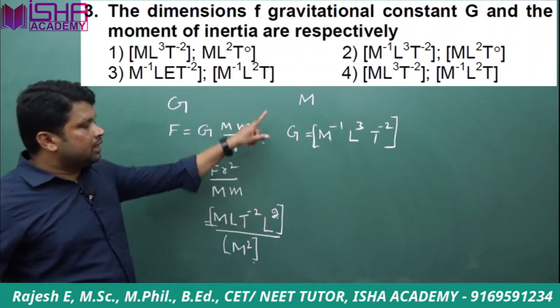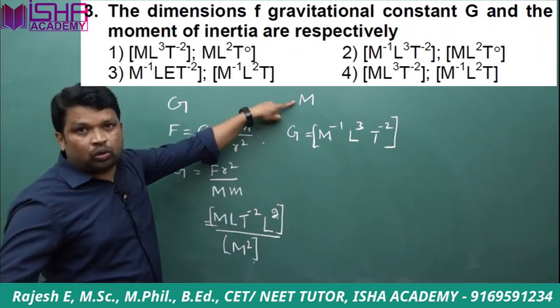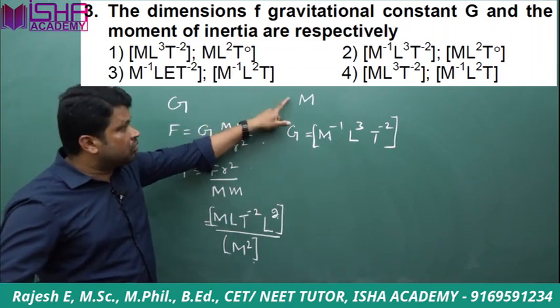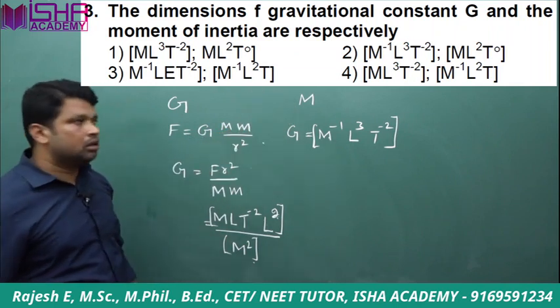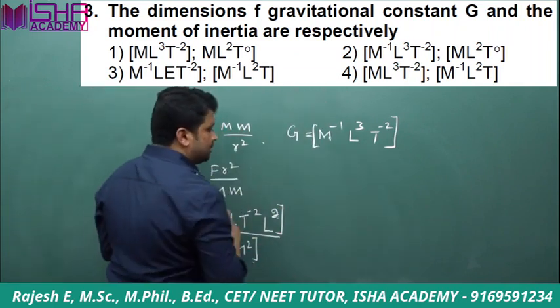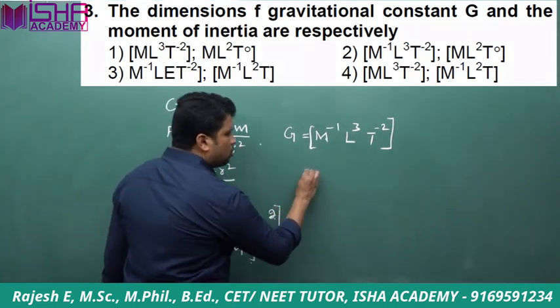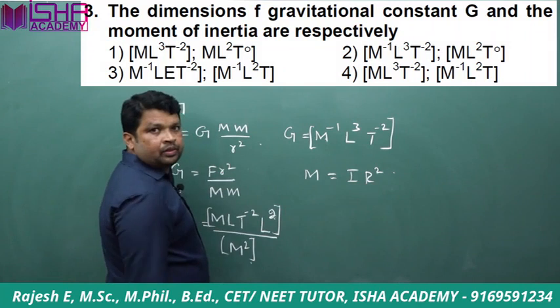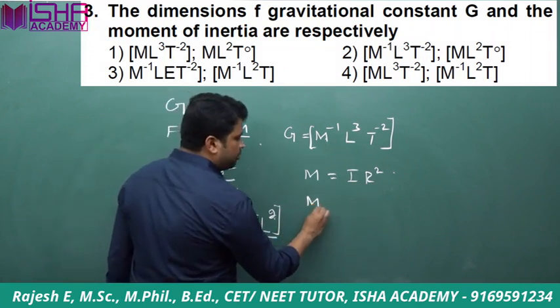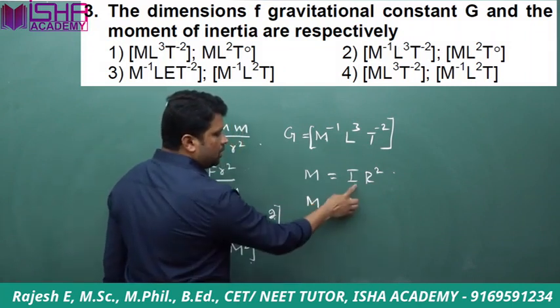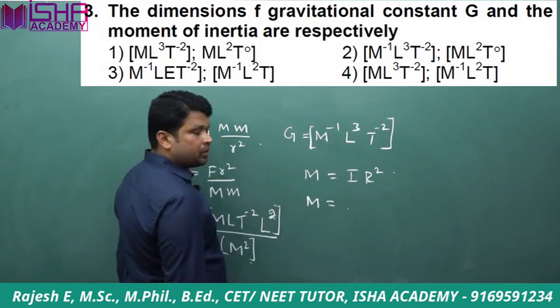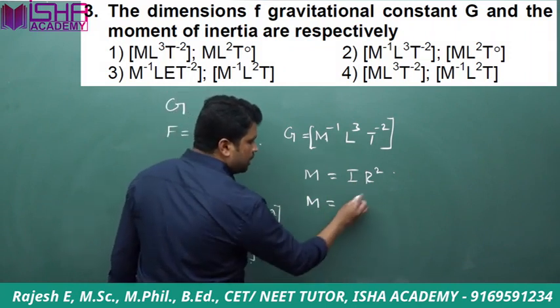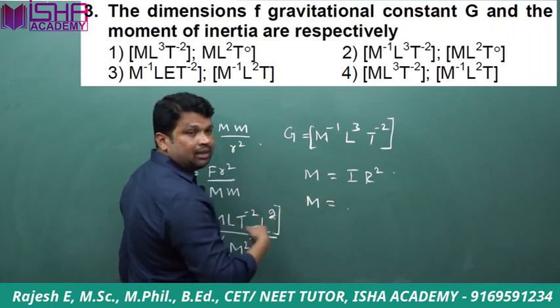Okay. Next one, we have to find out the dimension formula for moment of inertia. So what is moment of inertia? Moment of inertia is equal to I R square, right? I is a constant. R square means radius square, length square.